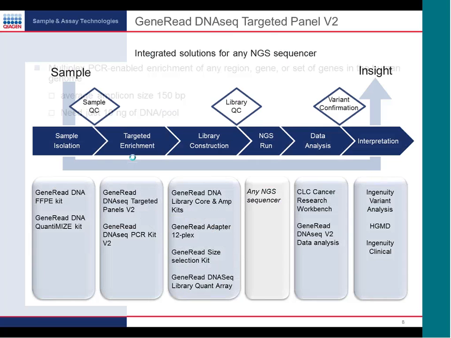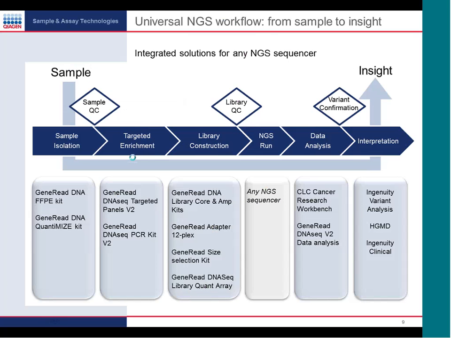Most importantly, these gene panels come as an integrated part of the whole standardized workflow from sample to insight from QIAGEN, which includes integrated data analysis. We have CLC Cancer Workbench, as well as data interpretation through Ingenuity Variant Analysis, HGMD, and Ingenuity Clinicals.